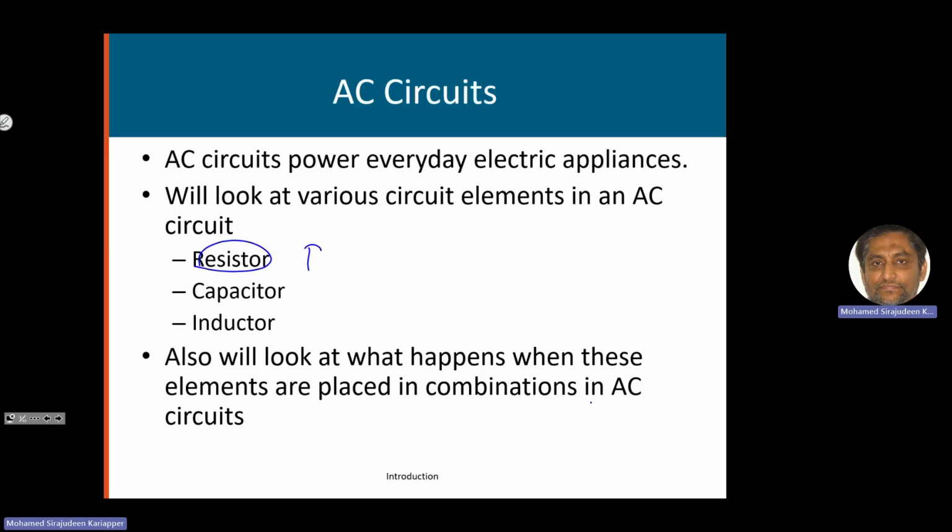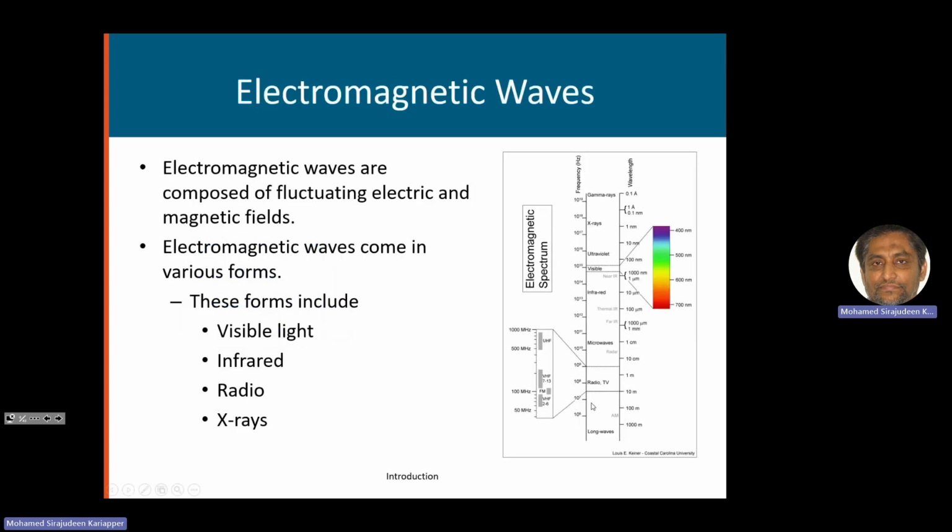Resistor, R. The commonly occurring capacitor, the capacitance is C. Inductor, a coil, the inductance is L. We will connect them to an AC source and see how they behave. Also, we look at what happens when these elements are placed in combination, so we call it an RLC circuit, and see what happens.